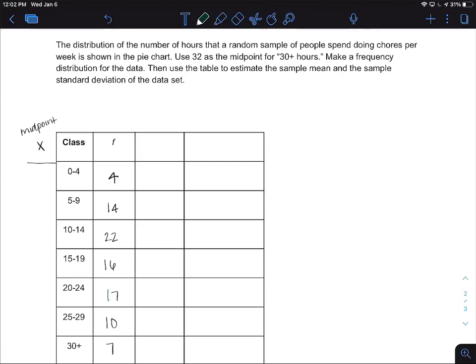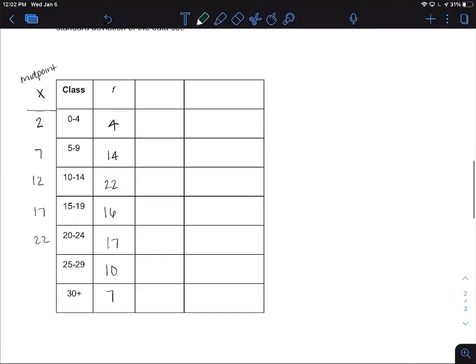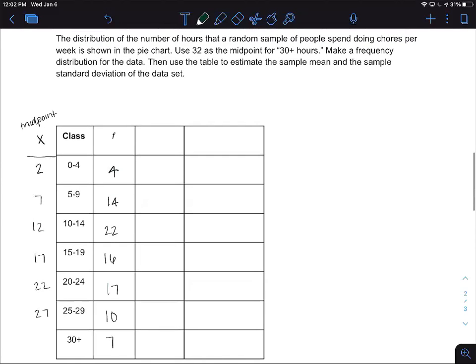So 0 plus 4 divided by 2 is 2. And then we can go up by the class width. And in the problem, it tells you to use 32 as the midpoint for 30 plus hours. So make sure you're reading that description.